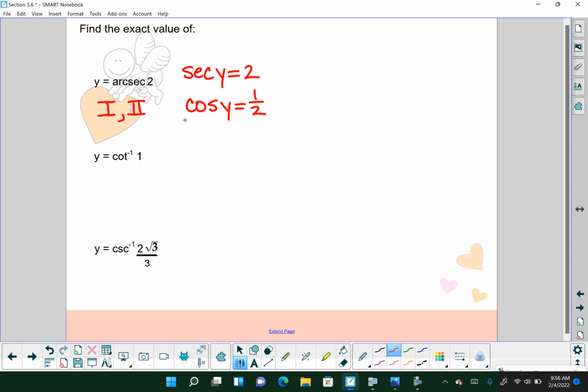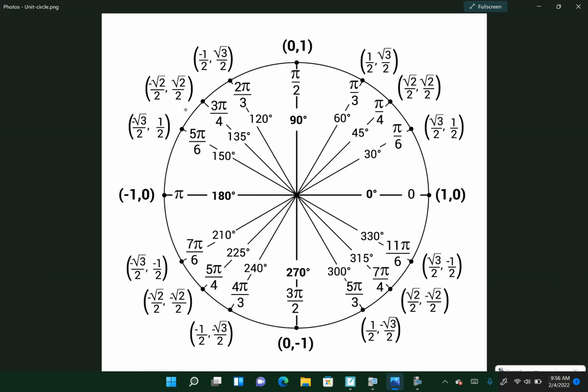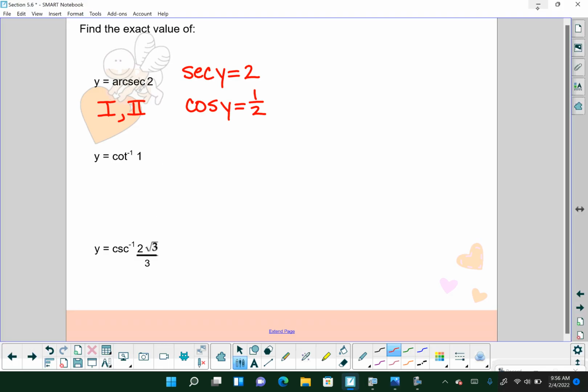So that might be a little easier to locate on your unit circle, somewhere in quadrant 1 or 2 where we have a cosine of 1/2, because that will give me a secant of 2. So to my unit circle, looking for a cosine of 1/2, an x-coordinate of 1/2 on the top half of my circle, and that would be at pi over 3 or 60 degrees. It's not in quadrant 4, so no need to adjust my answer.